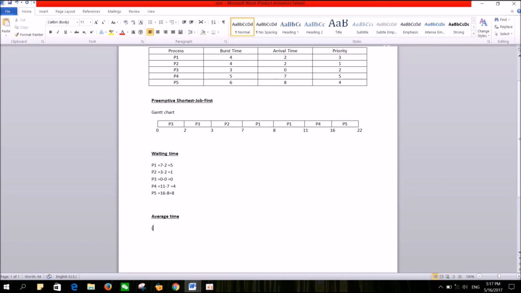First we have to total them up: 5 plus 1 plus 0 plus 4 plus 8, which is 18, divided by 5, and the final answer will be 3.6 ms. So that's the end of the preemptive shortest job first.